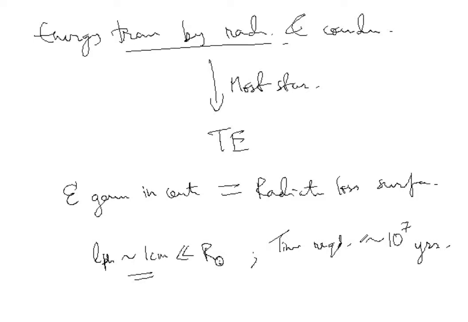Even if there is some change going on in the solar center right now, we will know it, if we exist on Earth, only after several million years. That is the time scale for radiative energy transport, which is basically the Kelvin-Helmholtz time scale for thermal readjustment.